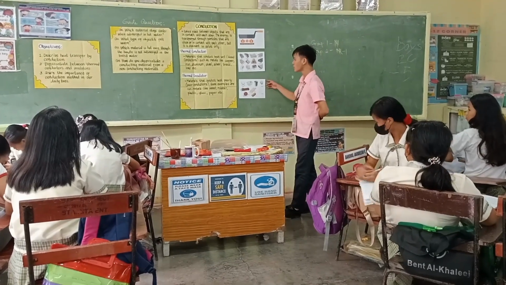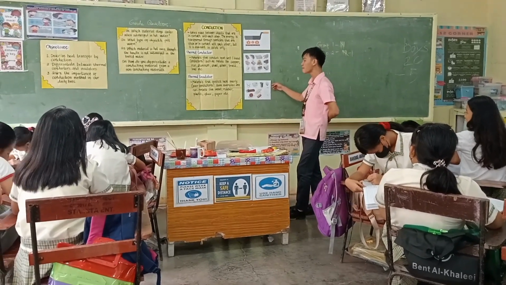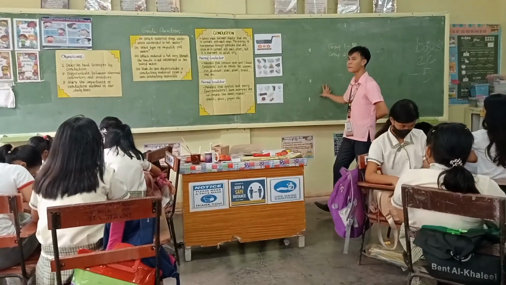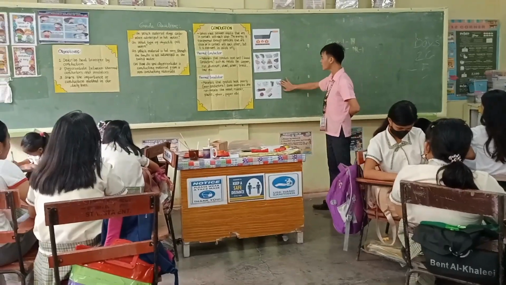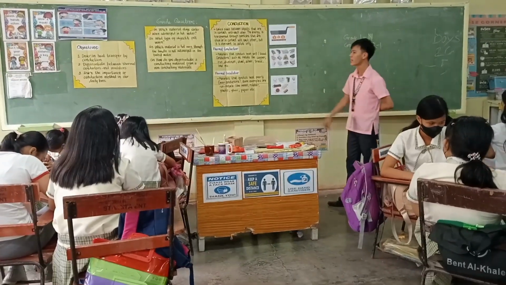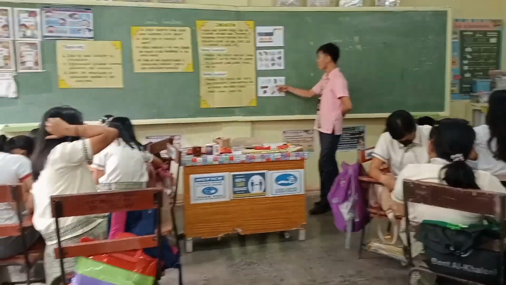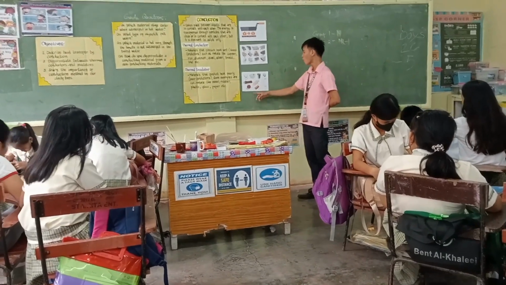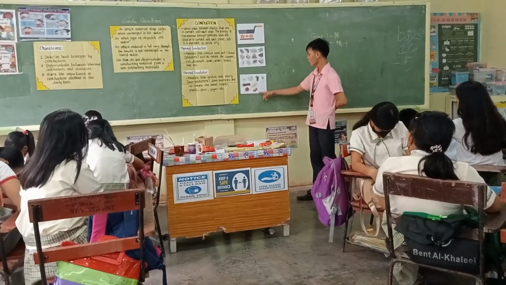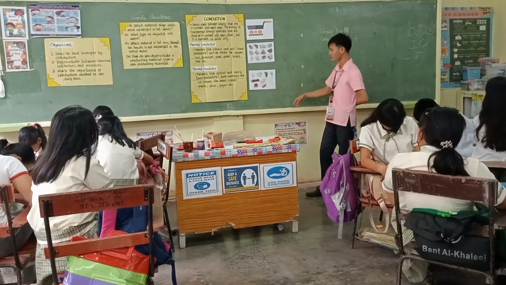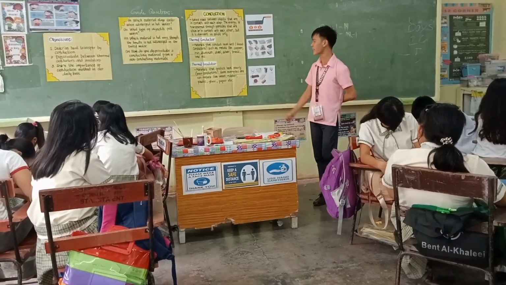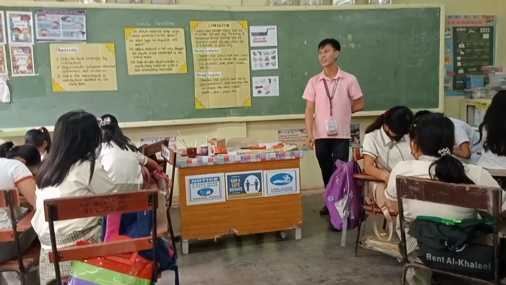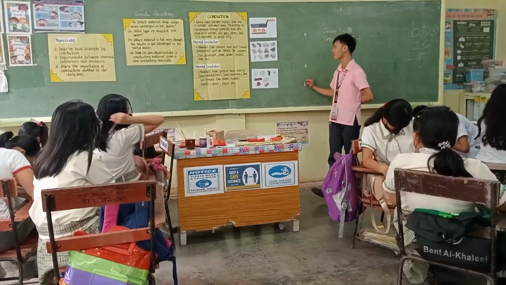So some examples are non-metals like wood, rubber, plastic, glass, paper, and etc. So as you can see, we have here some examples such as glass, plastic, ceramic, rubber, wood, wool, fabric, cork, and paper. So when we say thermal insulator, they are not good in conducting heat and electricity.